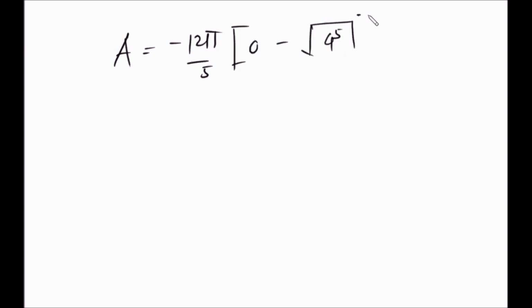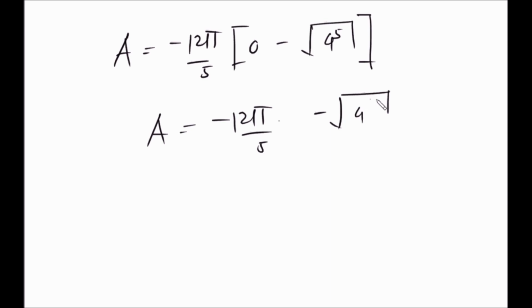So it will be negative 12 pi over 5. So we are going to have 0 minus the square root of 4 power 5. So this will be the area, negative 12 pi over 5 times negative the square root of 4 power 5. So it becomes positive.